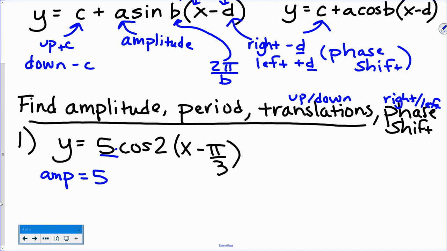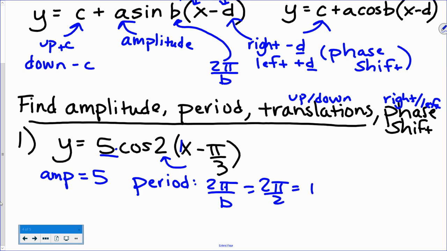So 5 is my amplitude. Next, if we find the period, I must take 2 pi and divide by the b value. If there is a number out in front of those parentheses and you just have a 1 in front of the x inside, that's going to be your b. So 2 pi divided by 2 would mean the period would be pi.